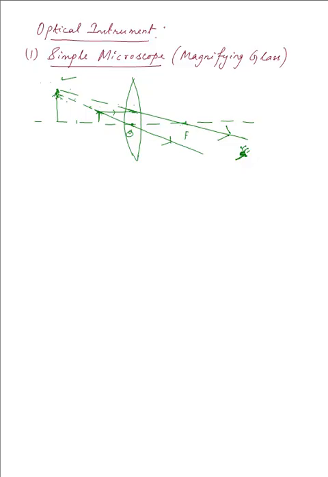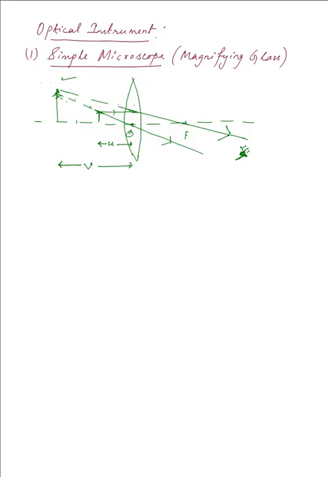Now, from all of this, let's say that the object is at a distance u, and the image is formed at a distance v. So we know that the magnification in this case is simply going to be v over u.